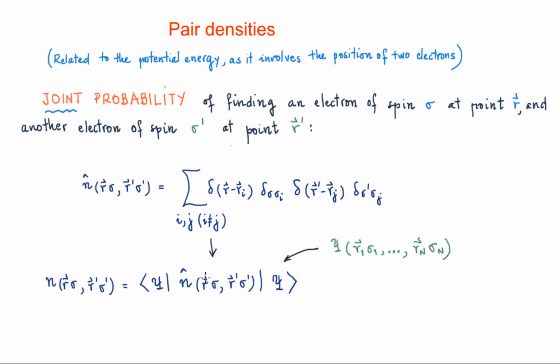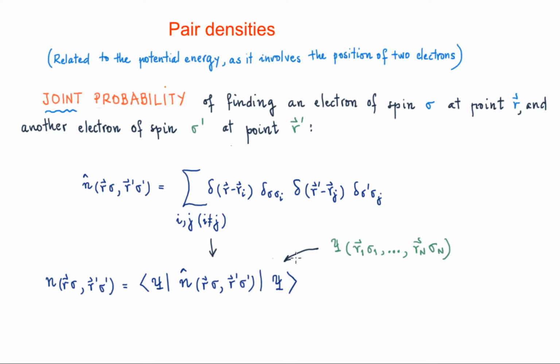Then you have to do the integration over the Ri and Rj variables, and the same with the summation of the spin states associated to i and j particles.